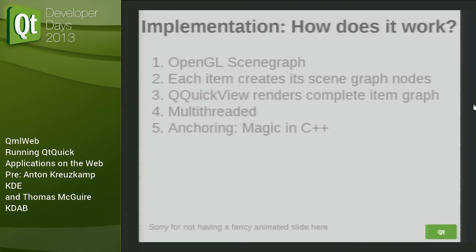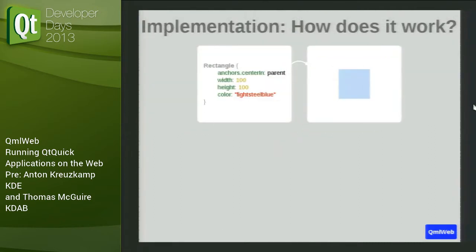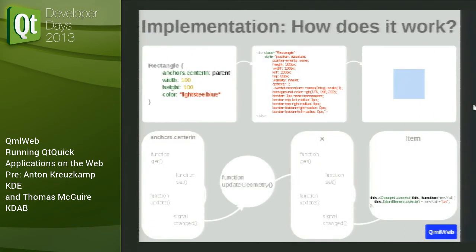So what we can do in the web browser, as the web browser supports all that for HTML, is just translate the QML to what the web browser understands, which is HTML, and the web browser will be able to render this rectangle out of that code.